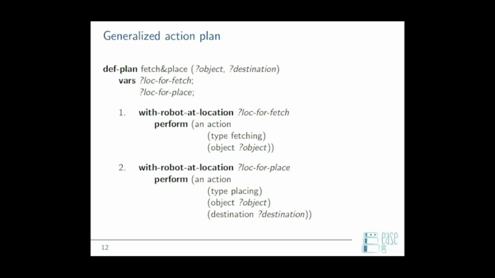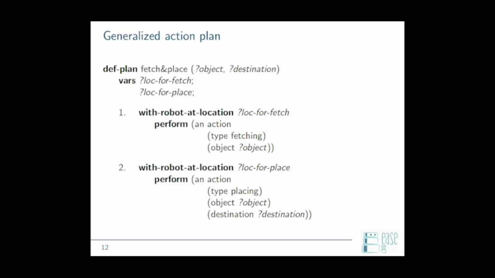And at the destination, it should place the object at the right destination. So this is very compact because we are doing a lot of hand waving, right? We don't exactly spell out how the different motions have to be accomplished, but we just say vaguely what has to be done.